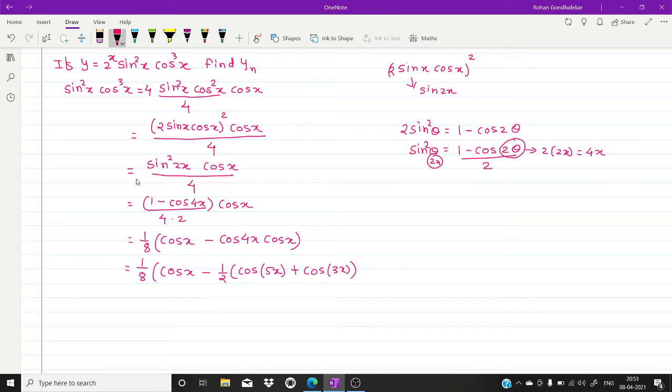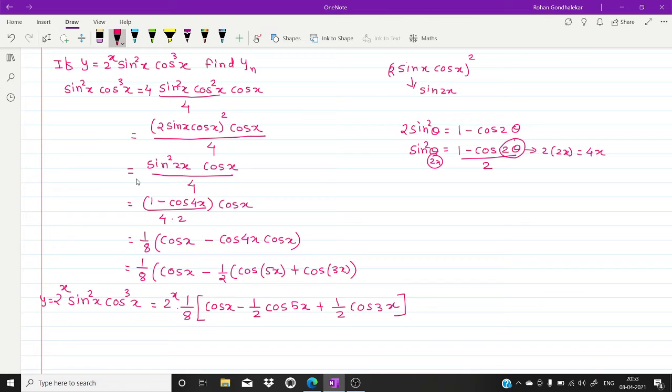This way, hence y is equal to 2 raised to x into sin square x into cos cube x. We should start with the 2 raised to x. So 2 raised to x into the product of sin square x into cos cube x can be given as 1 upon 8 into (cos x minus 1 by 2 into cos 5x plus 1 by 2 into cos 3x).